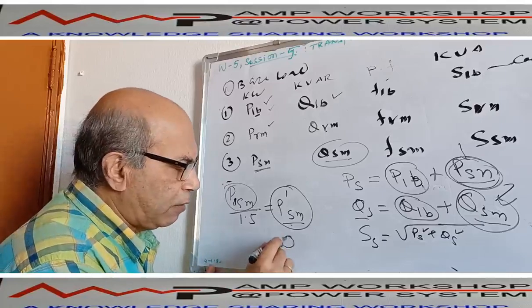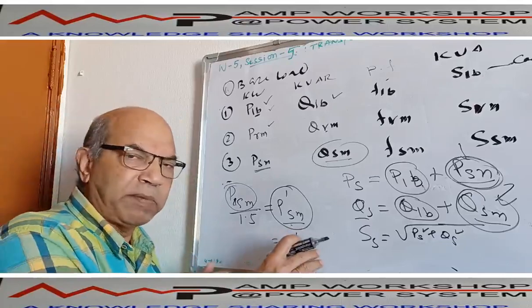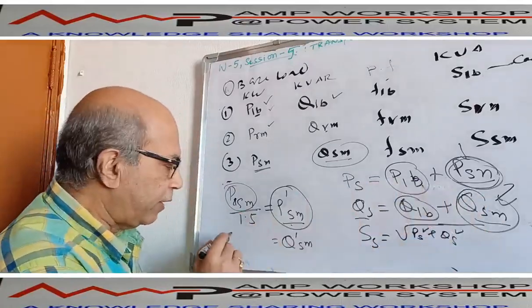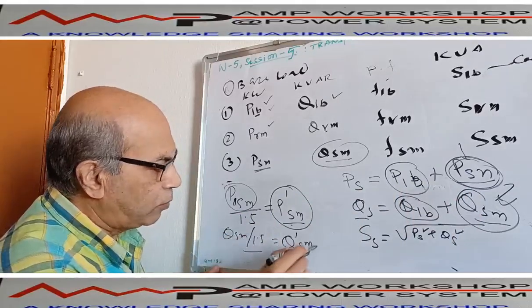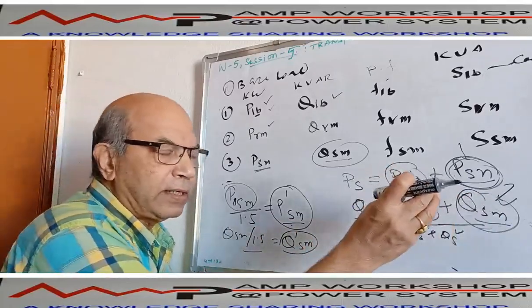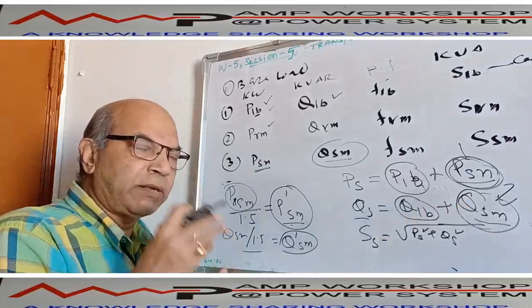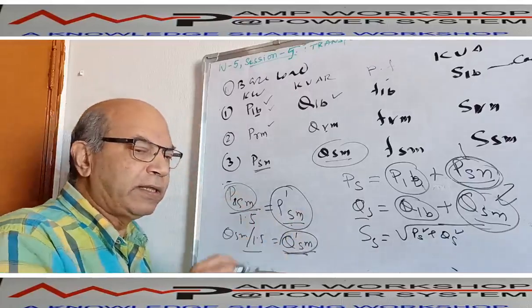Similarly, the QSM to be inbuilt in the transformer, this reactive KVA, is equal to the amount required, QSM, divided by 1.5. Whatever the actual starting KVA required, divided by 1.5, considering 50% overload, that amount of QSM is to be inbuilt in the transformer.